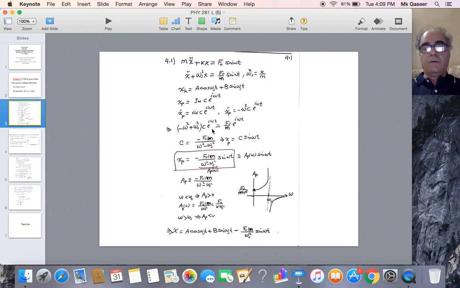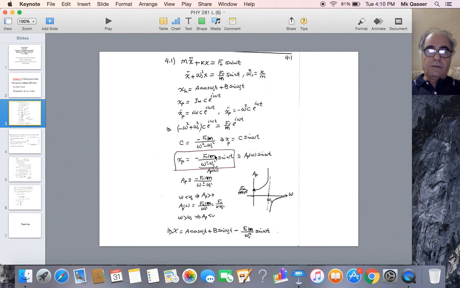So we get c equal to F0 over m, over omega 0 squared minus omega squared. Hence the particular solution is the imaginary part of c e to the i omega t, which is this expression times sine omega t.